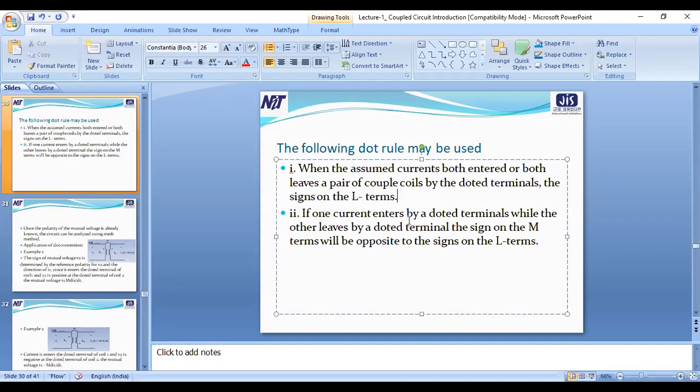And if the current enters by a dotted terminal while the other leaves by a dotted terminal, the sign on the M term will be opposite to the sign on the L terms.